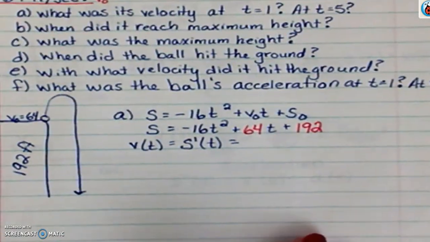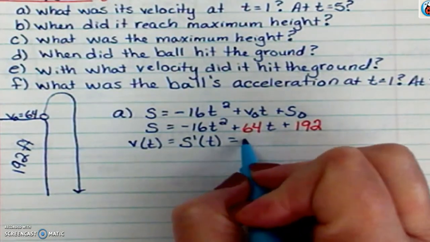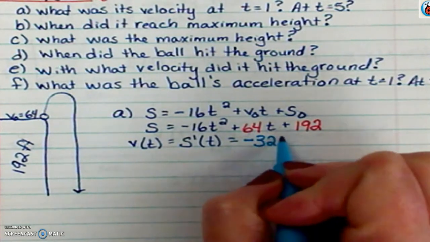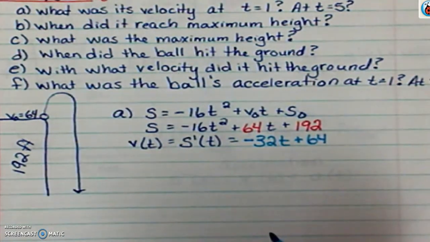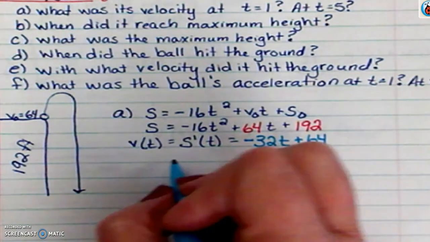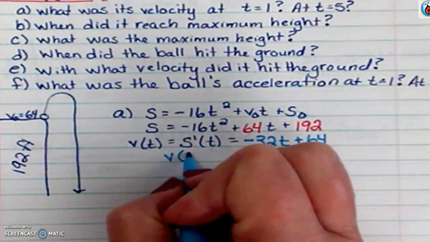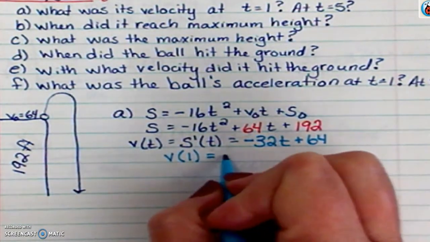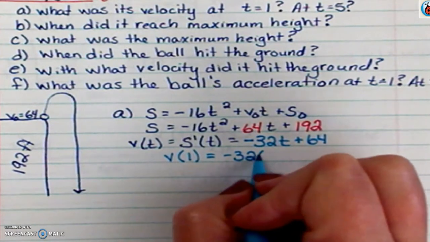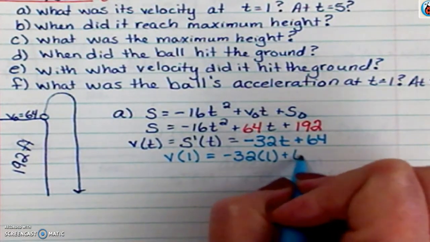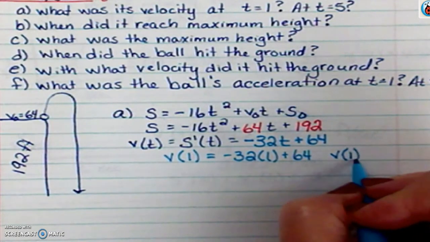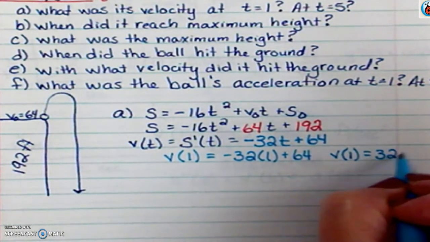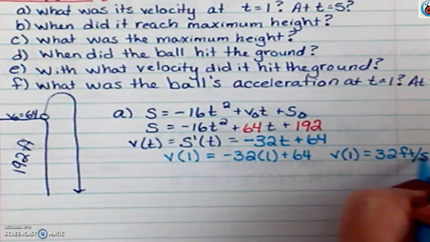If I take that derivative, you get negative 32t plus 64. That is your velocity equation, and they want to know the velocity after 1 second. So you get negative 32 times 1 plus 64, and that tells you the velocity after 1 second is 32 feet per second.